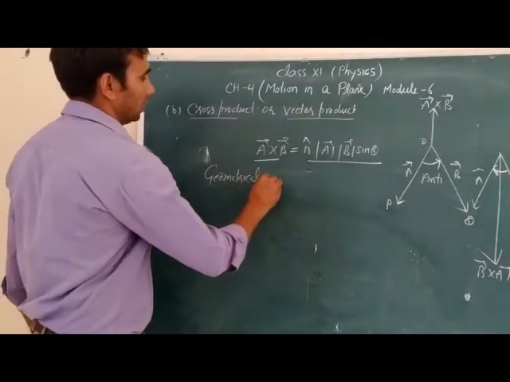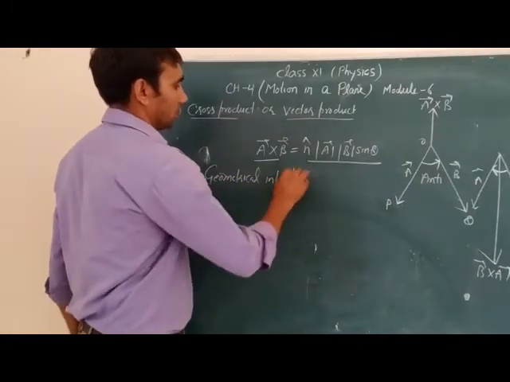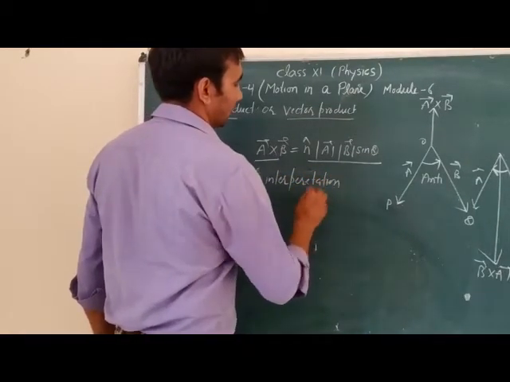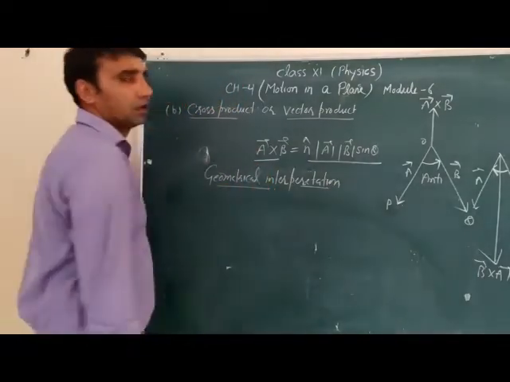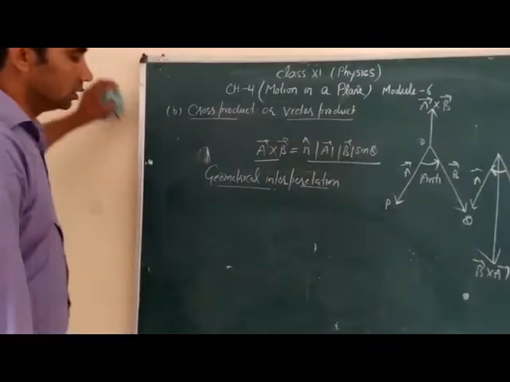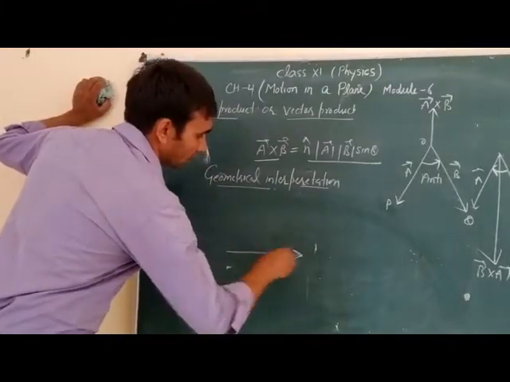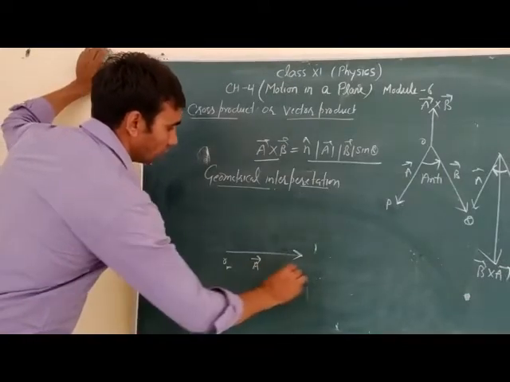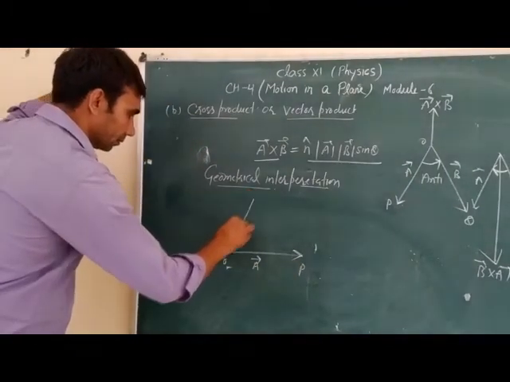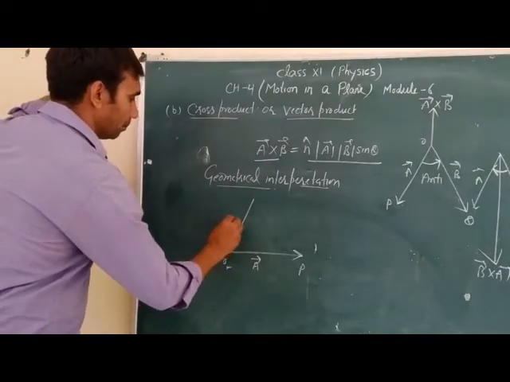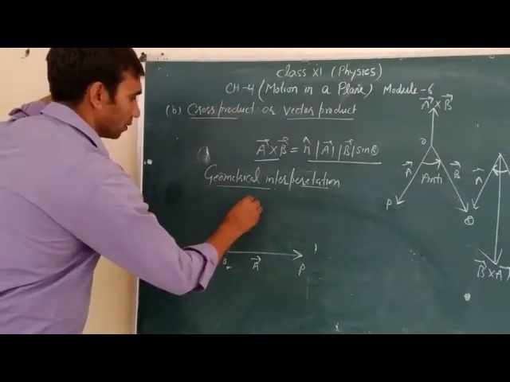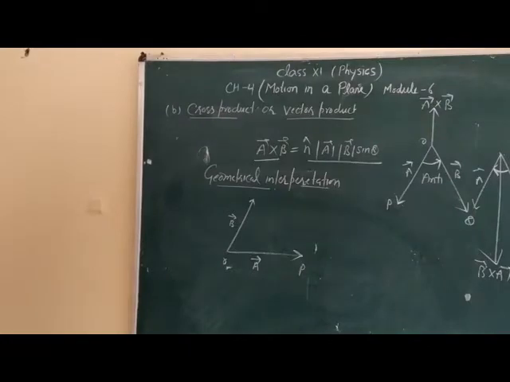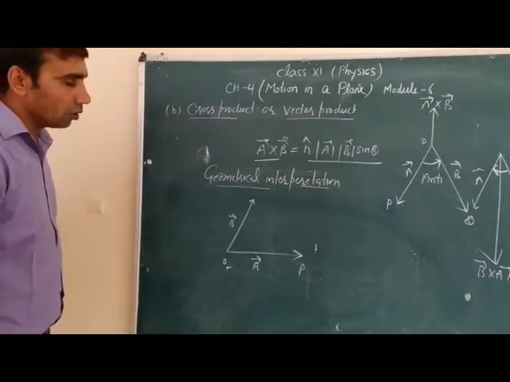Geometrical interpretation of the cross product. Now this is a vector A, OP. This is another vector B. Now draw the parallelogram.